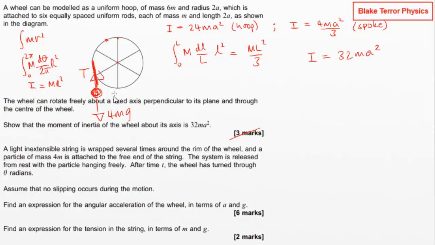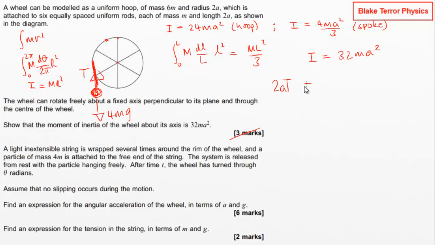Okay, so we've got two bits of motion going on here. First of all, from the wheel's point of view, we've got a moment being applied to the wheel. This moment is going to be T multiplied by the radius, because we've got the tension on the string pulling downwards multiplied by the radius. So that's 2aT.